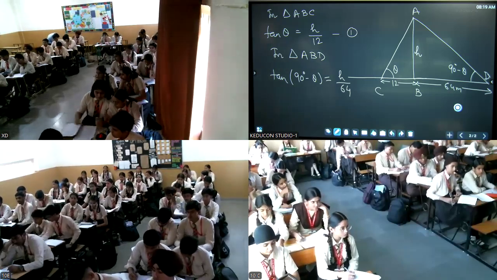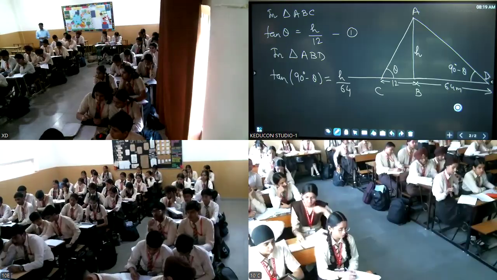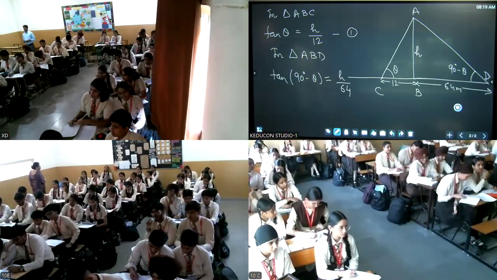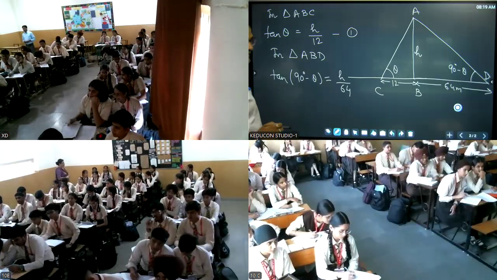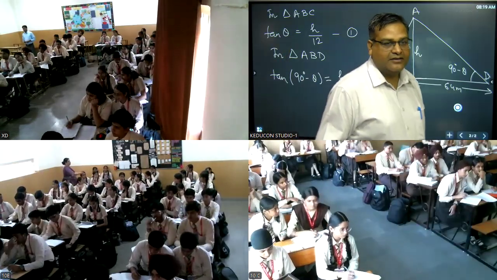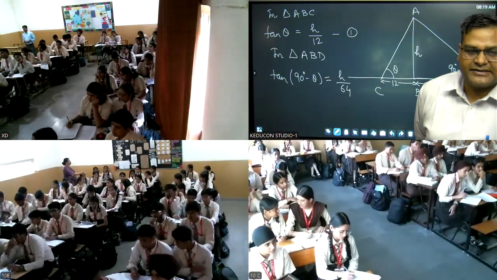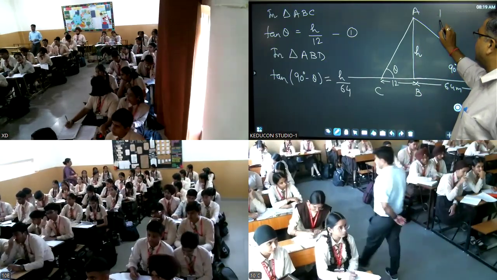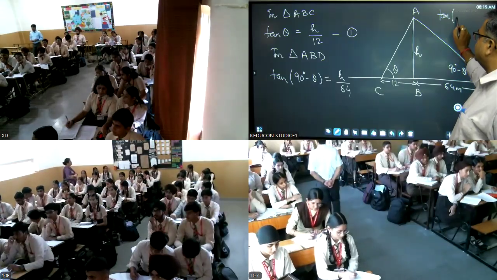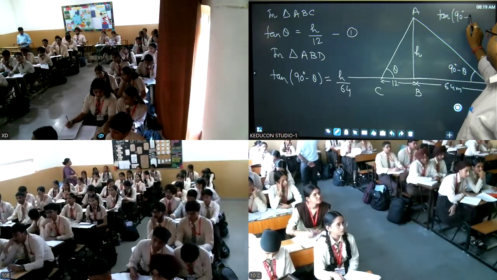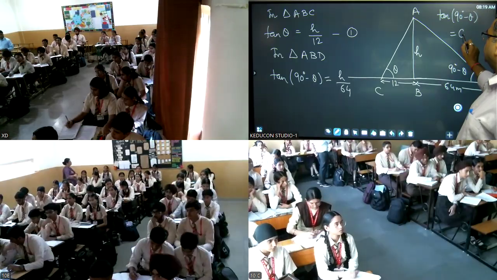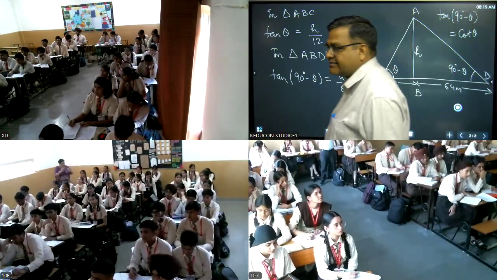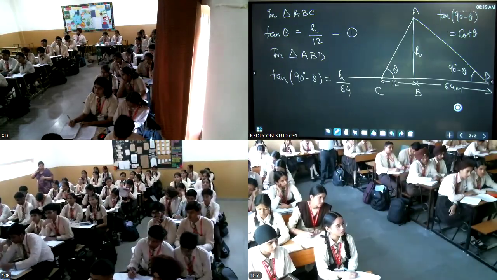Now do you know what is tan 90 minus theta? You have done the trigonometric ratios of complementary angles. This will become equal to cot theta.